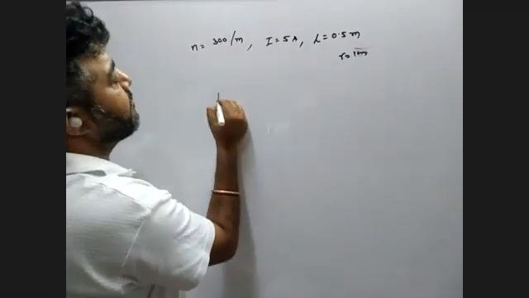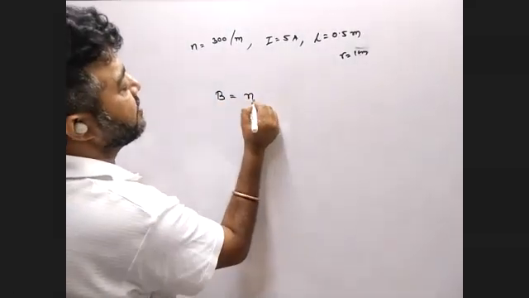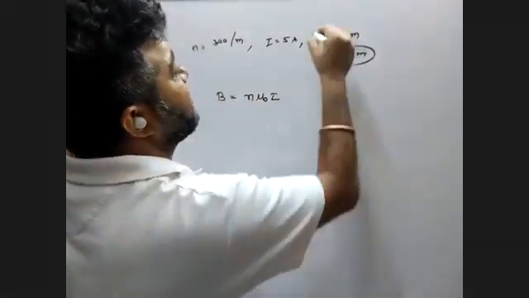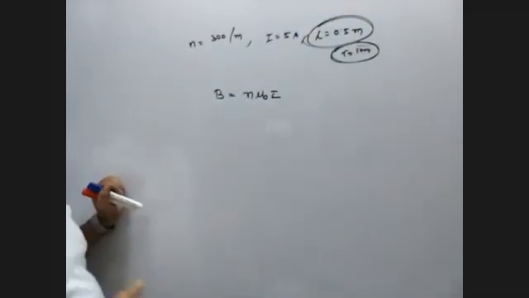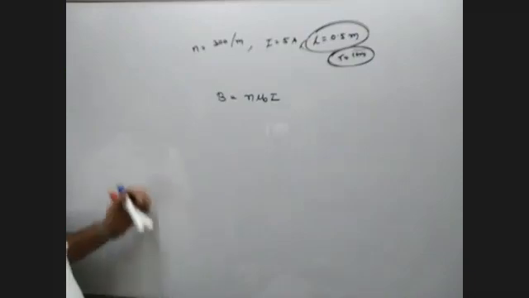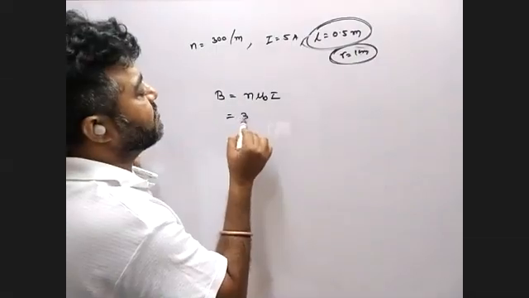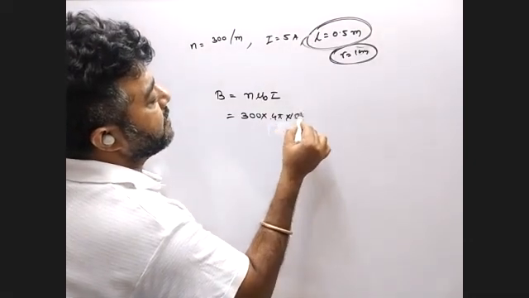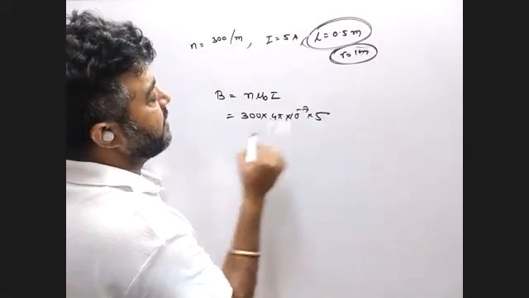So we know the magnetic field inside the solenoid is n mu naught I. The number of turns per unit length is already given, so I don't need the length and radius. I simply write 300 times 4 pi 10 to the power minus 7 into 5.